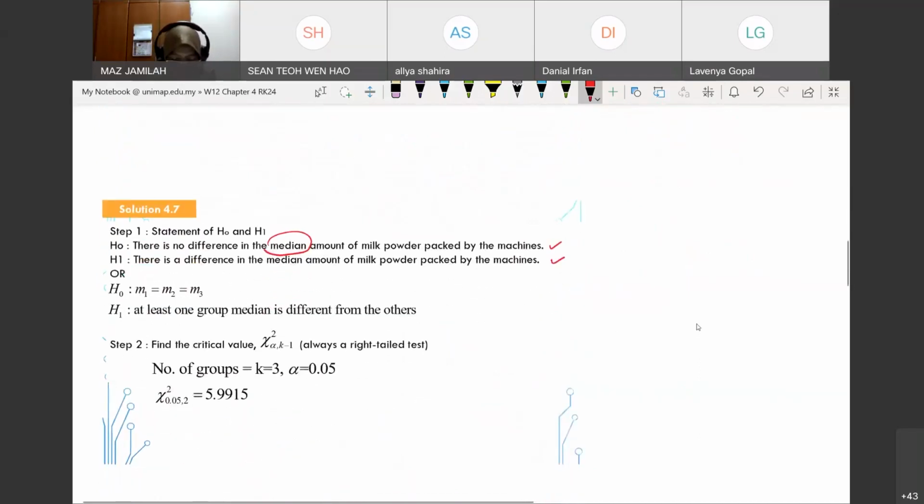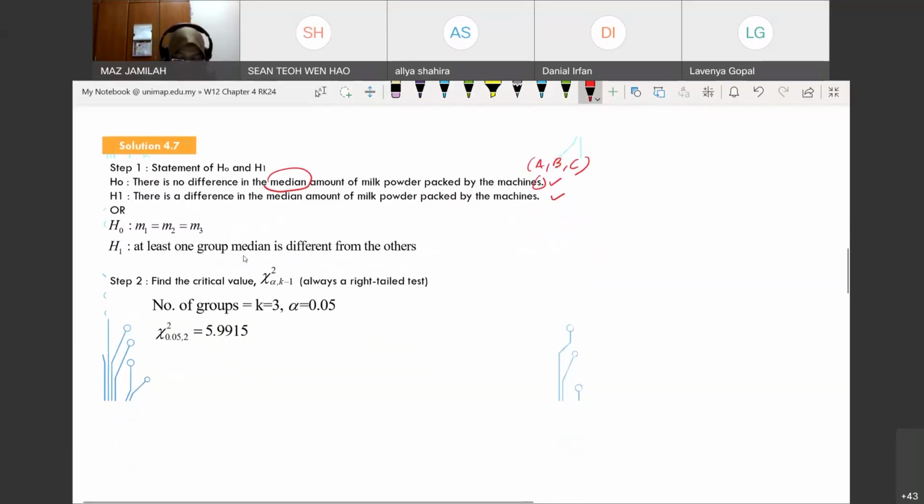So there is no difference in the median amount of milk powder packed by the machines, plural because it refers to A, B, and C. In reference to your null statement, your alternative would be there is a difference in the median amount of milk powder packed by the machines.